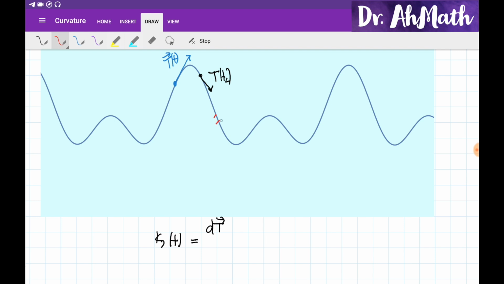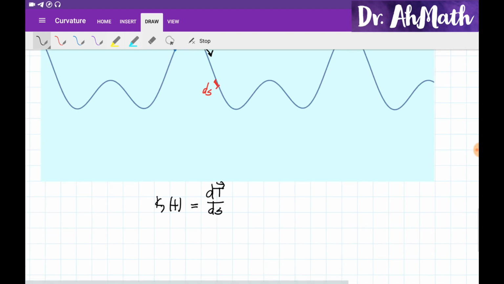We're going to choose the small interval, and the length of the curve between these 2 points is going to be ds. So we would like to define the curvature as a rate of change of the unit tangent vector with respect to the arc length. Obviously we're going to take its norm here.